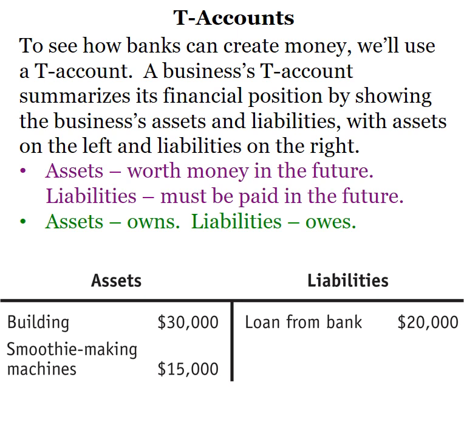Assets are things that are worth money. You own assets and they can bring in income and wealth in the future. Liabilities must be paid in the future. You owe this money. So really, assets are money coming in. They are positives. And liabilities are money going out. They are negatives.